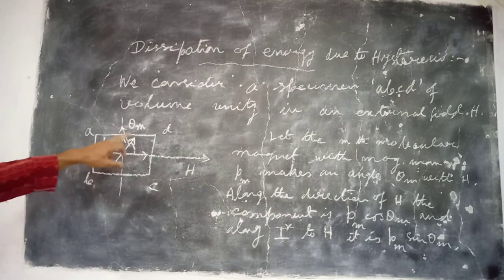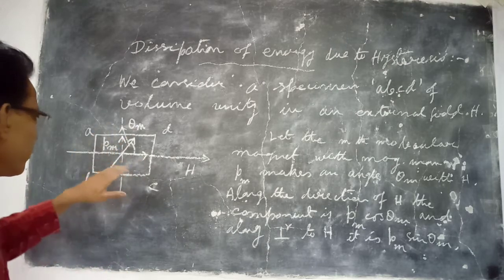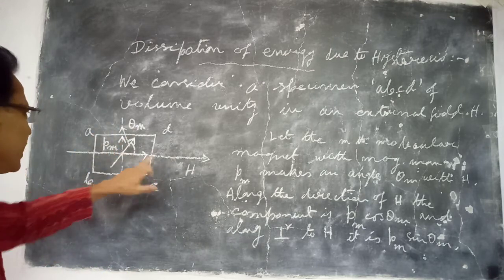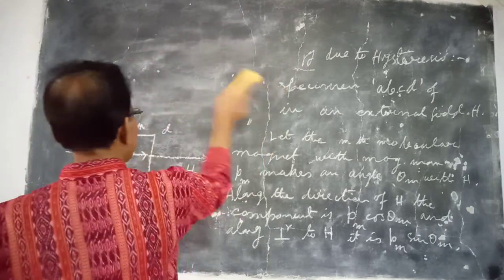So here a large number of molecular magnets are there, so the resultant magnetic moment along the direction of H and perpendicular to H we have to calculate.